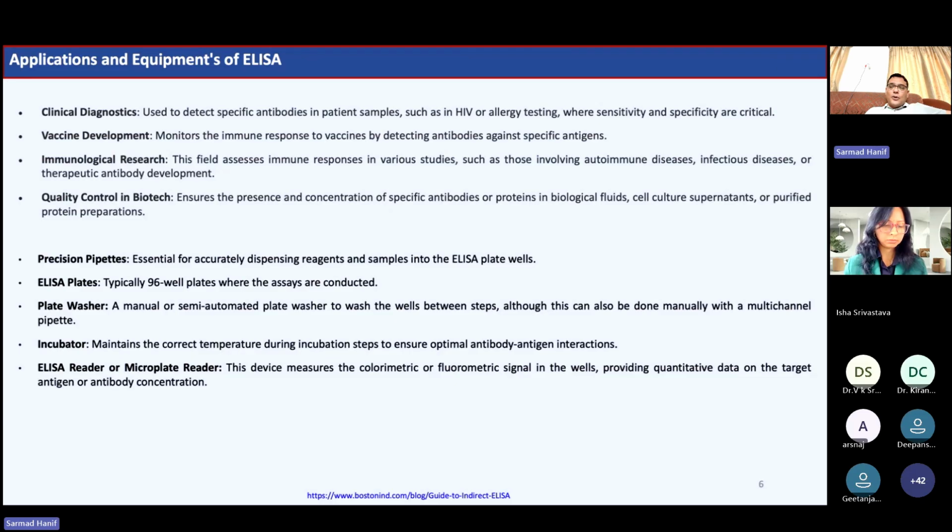Then you have the ELISA reader, or you can say microplate readers, from various companies and manufacturers. They give ELISA readers which have different wavelengths. Generally, for the indirect ELISA which we do for the immune response assessment, the samples are read at 450 nanometers, which is the yellow color, if we are putting the stop solution, which is the H2SO4.